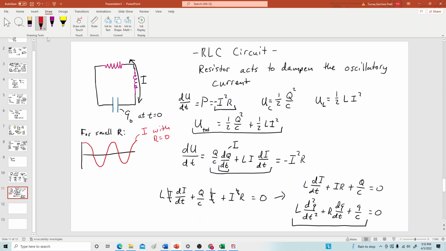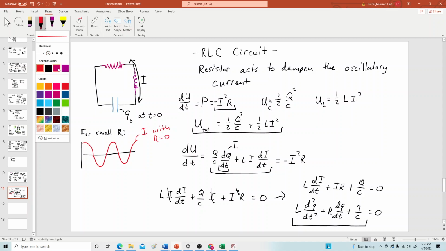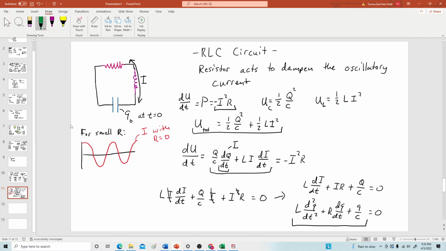And for small r, what will happen is each cycle, only a little bit will get dropped. It needs to stay in phase.